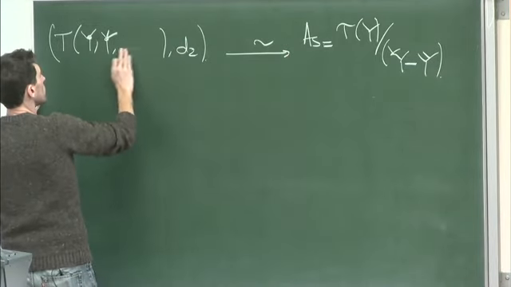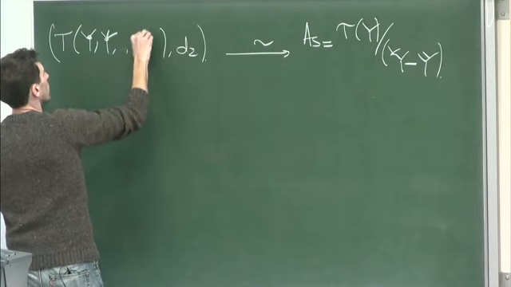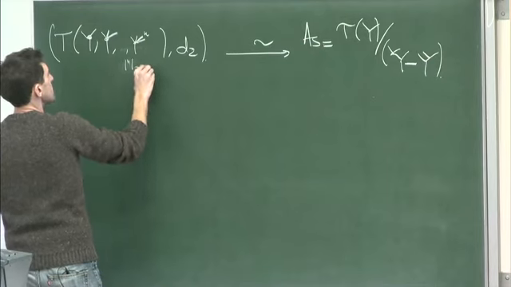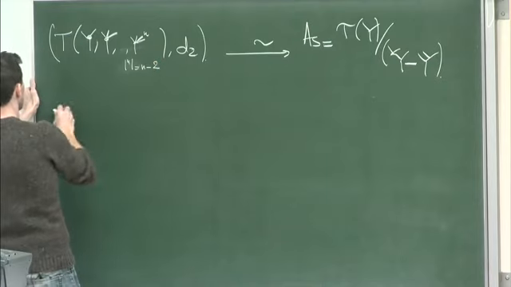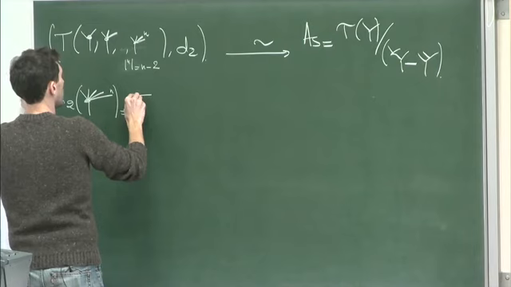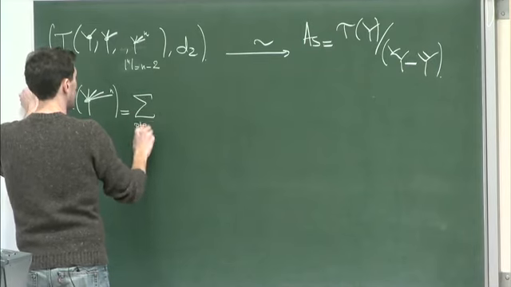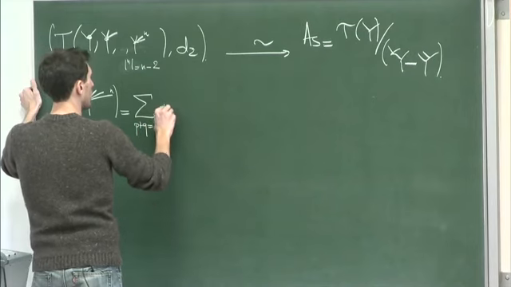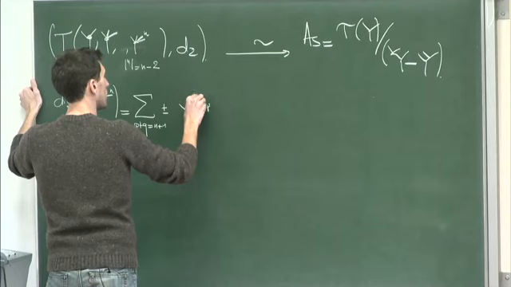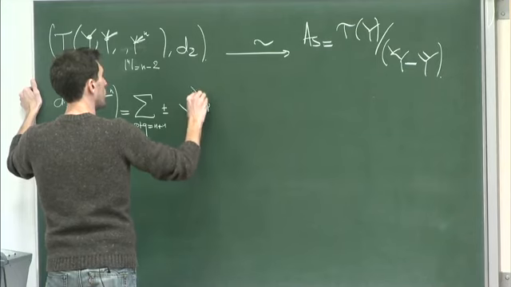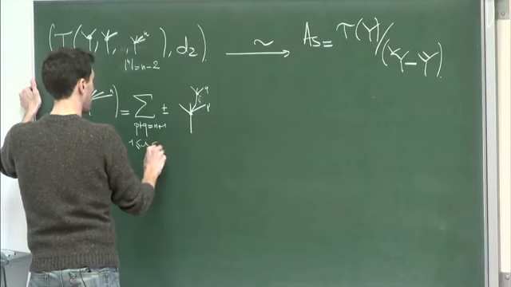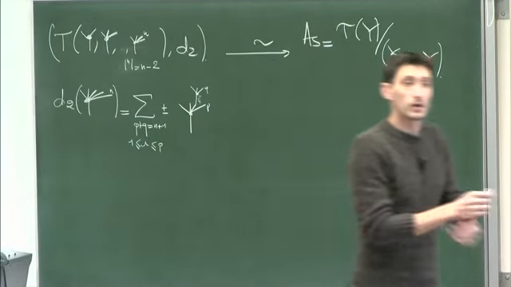The degree of the generator of arity n was n minus 2, and let me write d2. d2 of the corolla with n inputs was a sum for p plus q equals n plus 1, with a certain sign that I do not want to make explicit, of the corolla with p inputs, where at the i-th leaf you put the corolla with q inputs, and i has to live between 1 and p. Okay, so that's where we were.